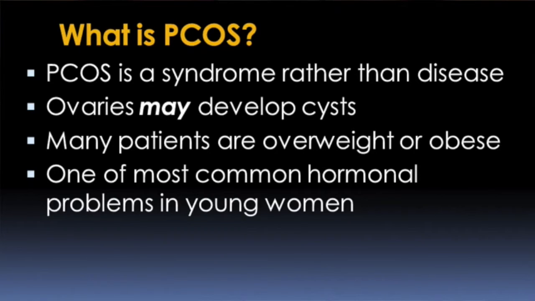Interestingly, the ovaries may develop cysts, but that is not necessary for the diagnosis of polycystic ovary syndrome. Many patients who have polycystic ovary syndrome, or PCOS, are overweight or obese, and it is one of the most common hormonal problems in young women.